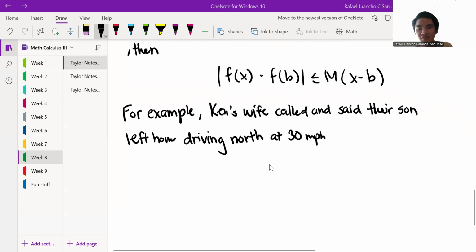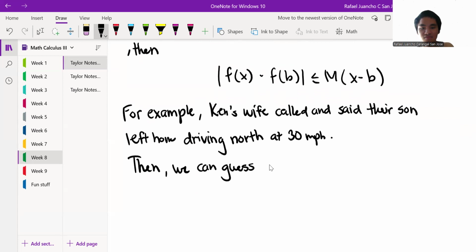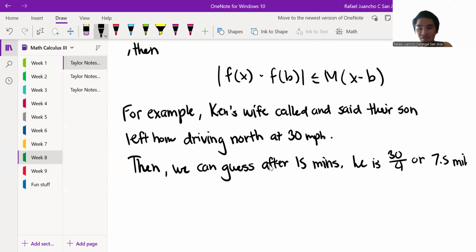Then we might guess, so we can guess, right? Mathematically, after 15 minutes, well, he is 30 divided by 4, or 7.5 miles north of the home, right?